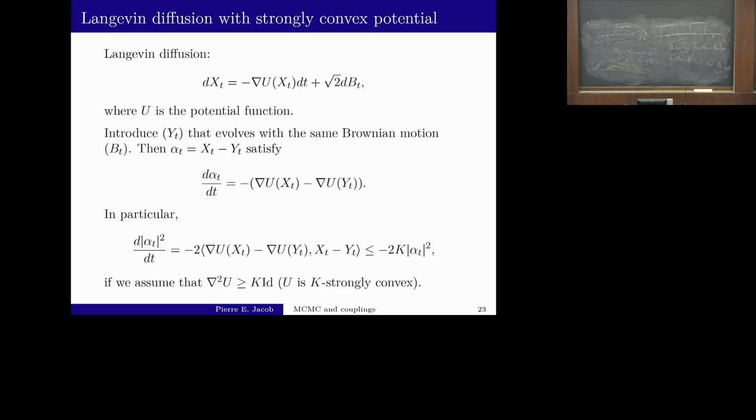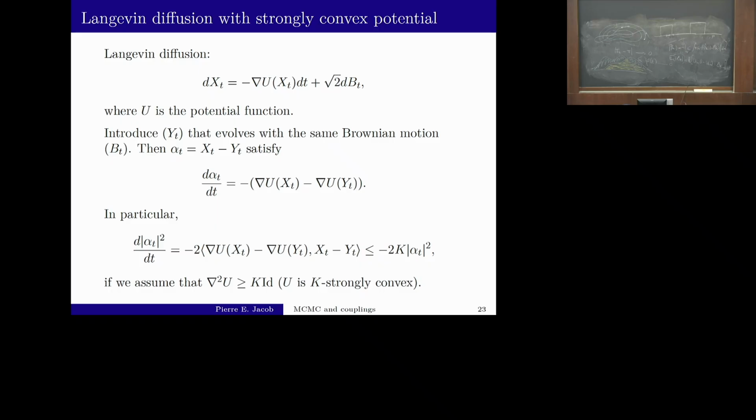So why would they go closer to one another? Well, you need assumptions, in fact, but if U is strongly convex, then when you differentiate the square difference, which of course is important because we're thinking about Euclidean distances, you obtain that form.